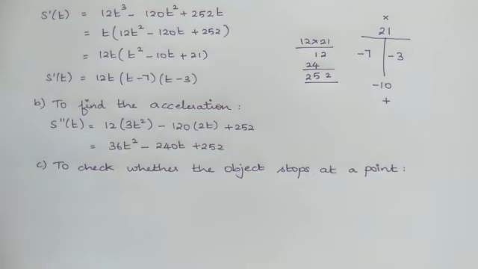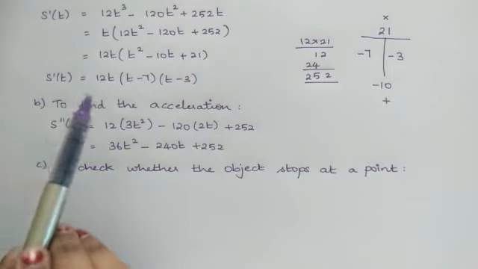Same way, here also we have identified the velocity of the object, that is the movement of the object from one position to the other, the speed at which the object is moving from one position to the other. So if the speed is 0 at a point, it means the object is not moving, right?